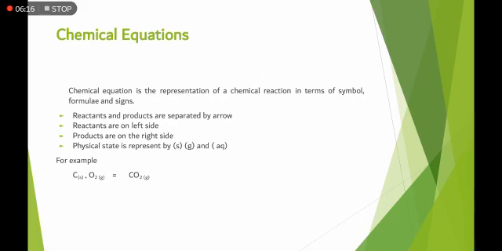So in a chemical reaction, the state of a substance is also written. Aqueous means liquid. Aqueous is a representation of liquid form. For example, water is in a liquid form normally.